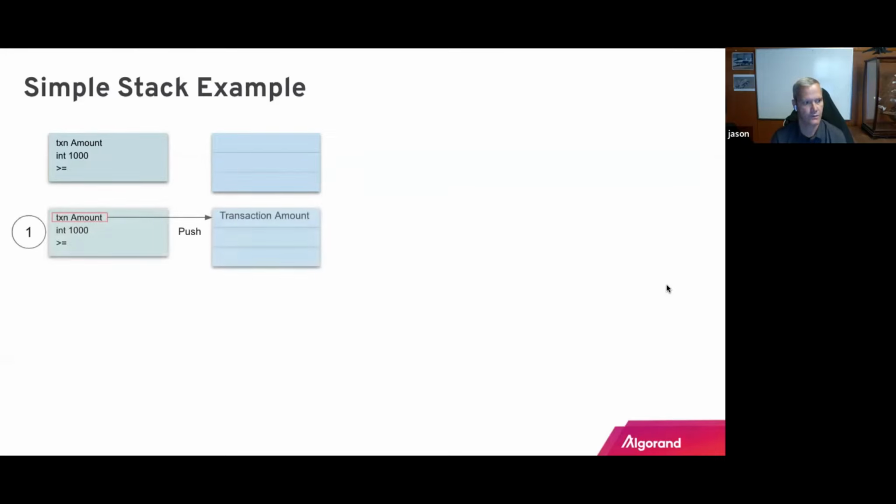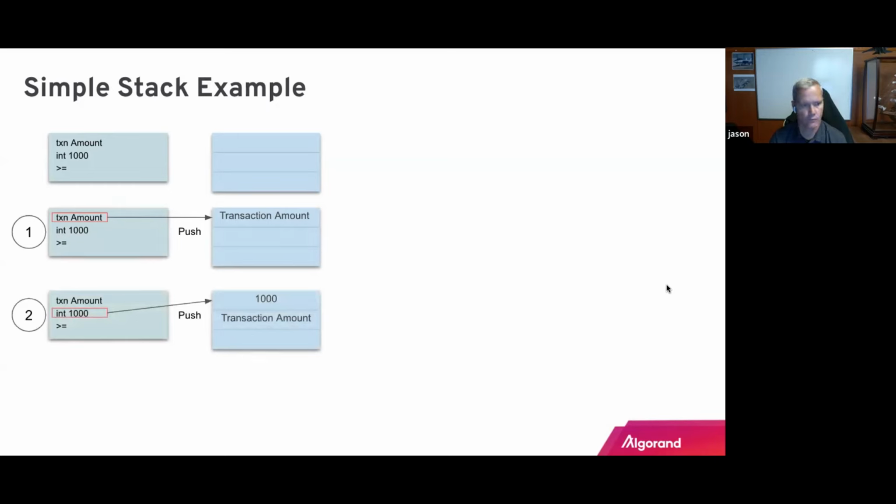First line in this code, when it is read by the AVM and processed, it's looking at the txn opcode. That opcode is followed by a specific property of the transaction you want to actually see, and in this case it happens to be the transaction amount. So when the AVM processes that line, it pushes the transaction amount onto the top of the stack. Then the next line is int 1000.